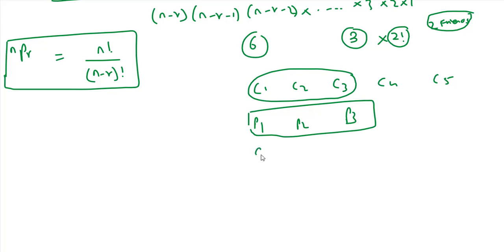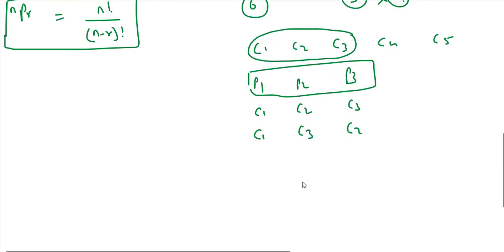You can give chocolate 1 to P1, 2 to P2 and chocolate 3 to person 3. Or you can still give chocolate 1 to first person, but you can give C3 to the second person and C2 to the third person. Or you can change this order, C2, C1, C3, or you can make it as C2, C3, C1.